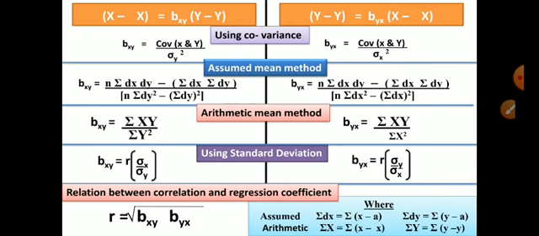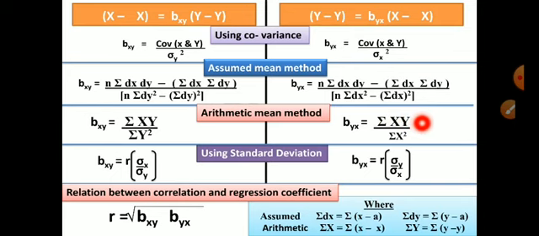They can also give it in words: summation XY is the sum of the product of the deviations of x and y taken from the actual mean.